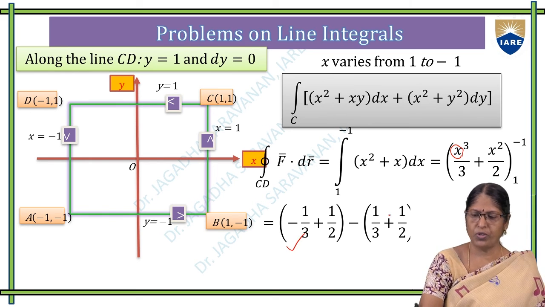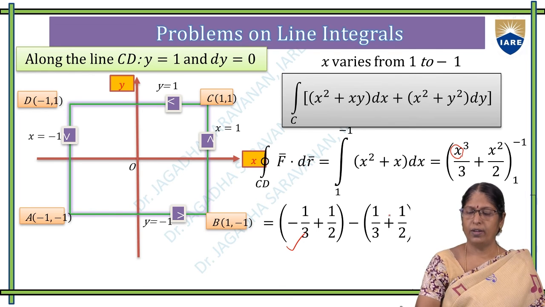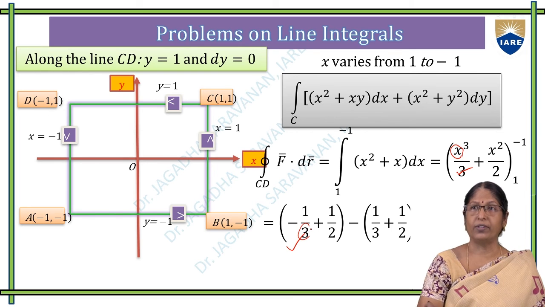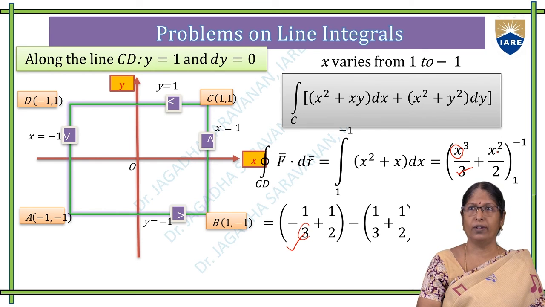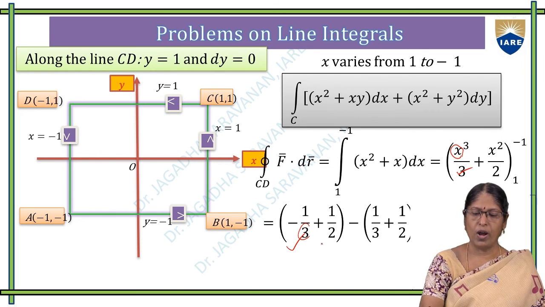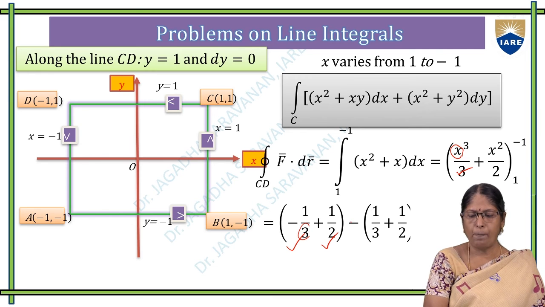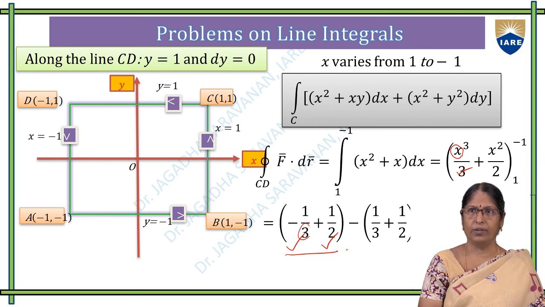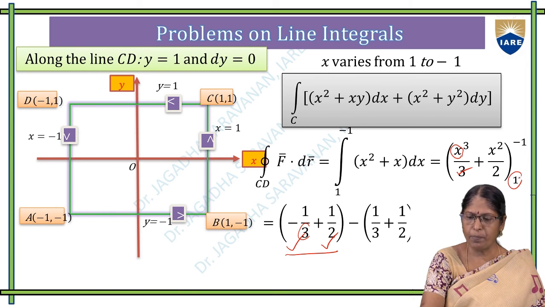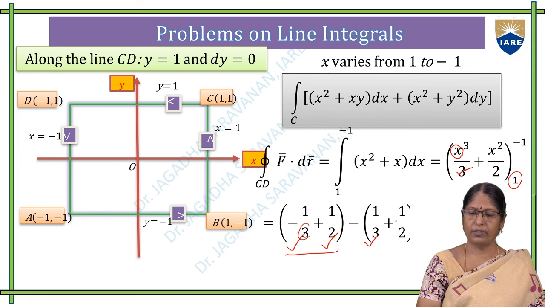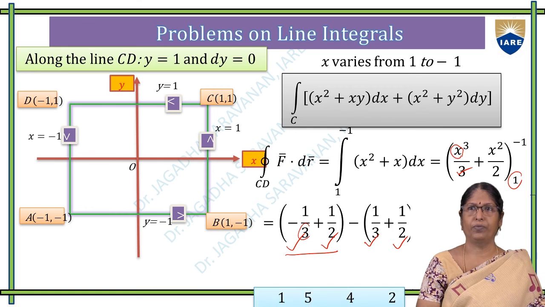So we get minus 1 divided by 3, plus minus 1 the whole square, that is 1, divided by 2. Upper limit work is over. Minus the lower limit: in the place of x we replace by 1, so 1 by 3 plus 1 by 2.